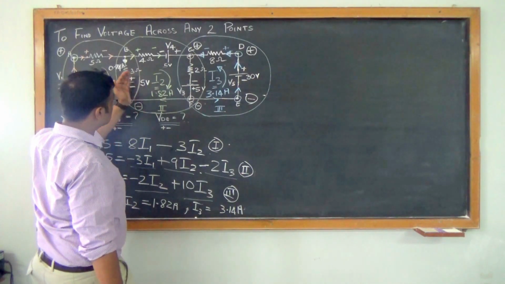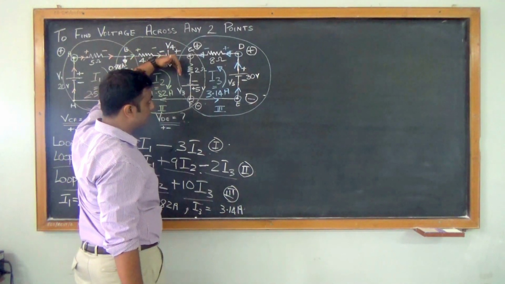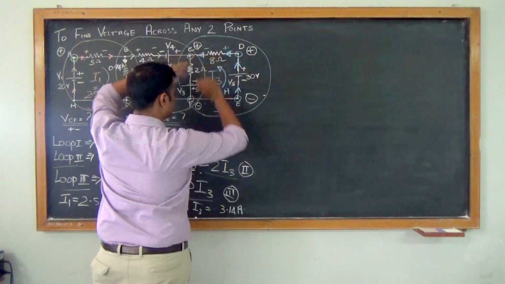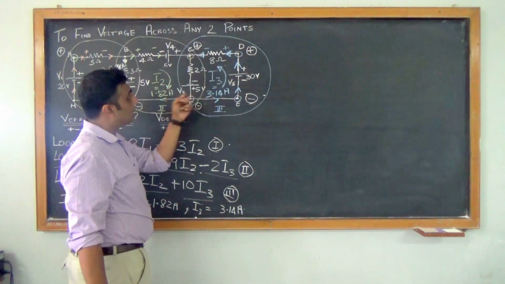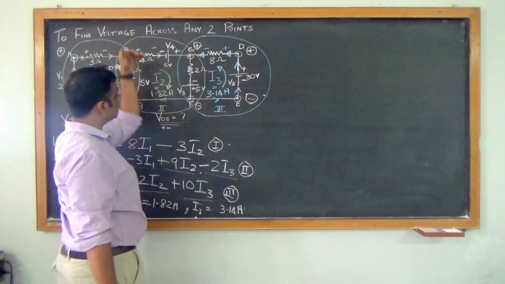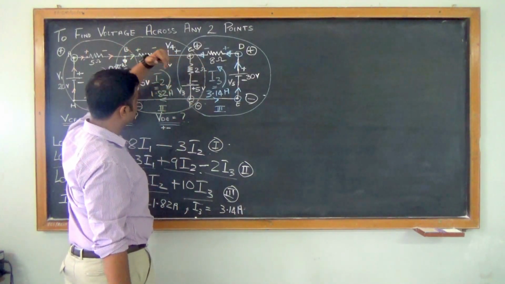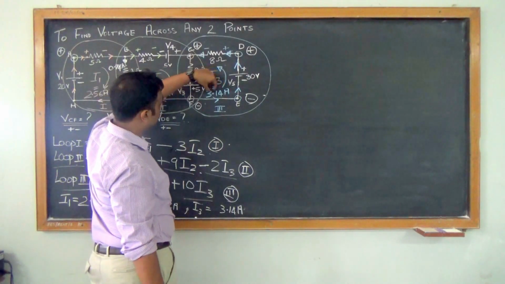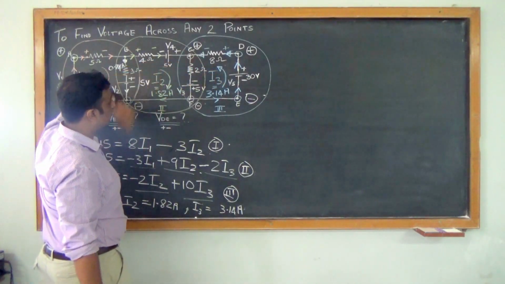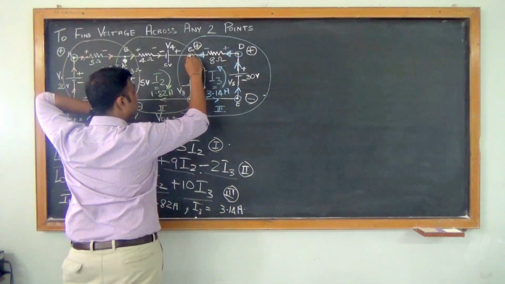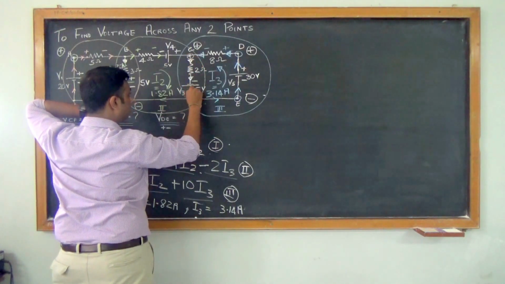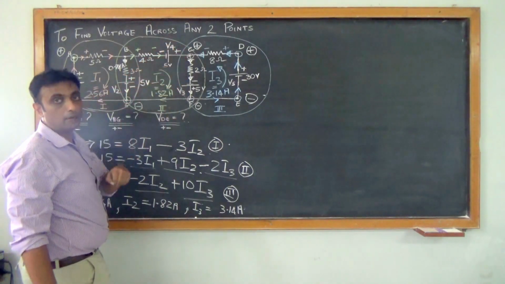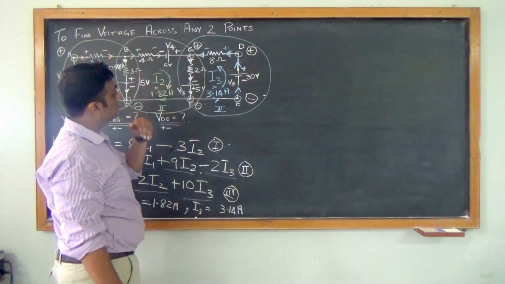In the same way, you can even find out the current flowing in the 2 ohm resistor. Now in the 2 ohm resistor you have I2 flowing in it and you have I3 flowing in it. Again, the direction is determined by the highest value of current. Which is the highest value of current, I2 or I3? Definitely it will be I3, because 3.14 is greater than 1.82. So you can directly put your direction here. It will flow from top to down. Now, what will be the value?